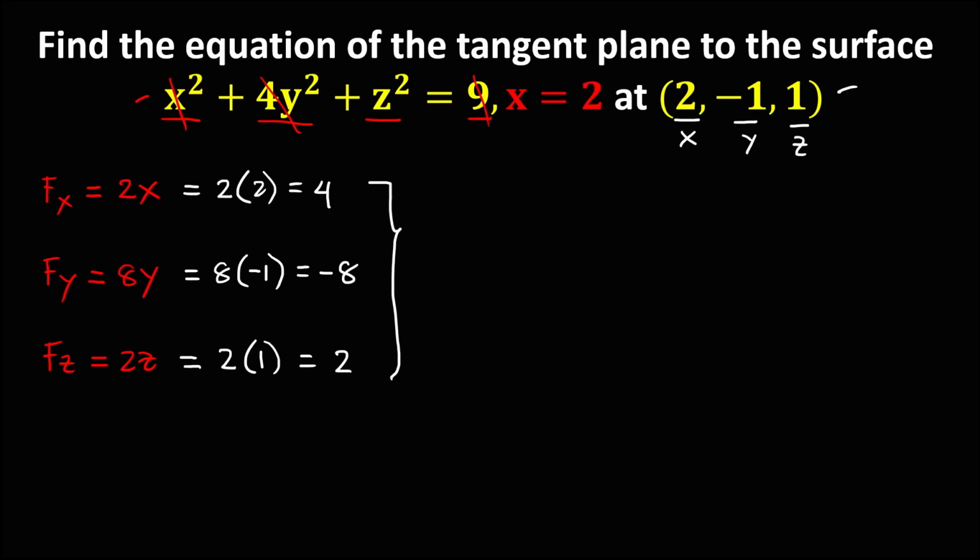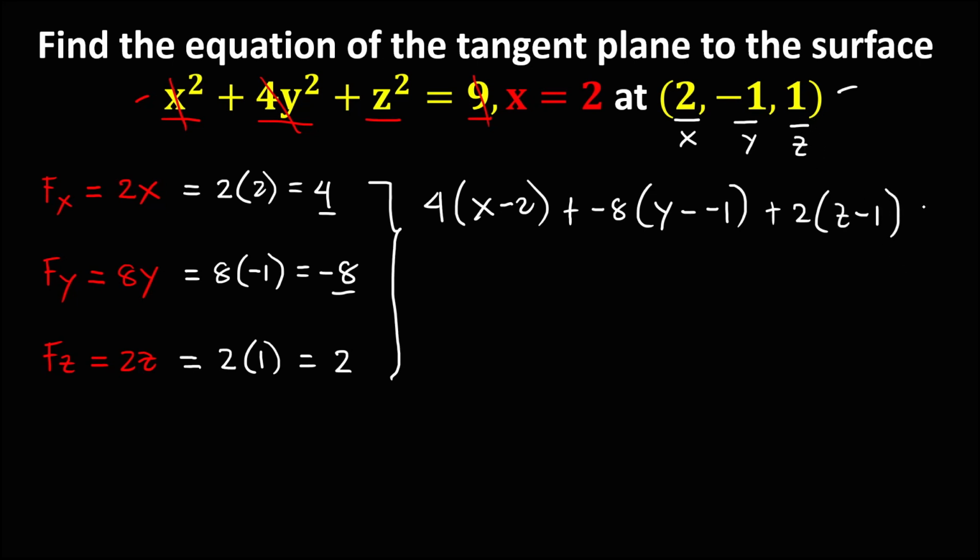So using this method, we have 4 times x minus 2, then plus negative 8 times y minus negative 1, then plus 2 times z minus 1, equals 0. Then to simplify, multiply 4 times x.